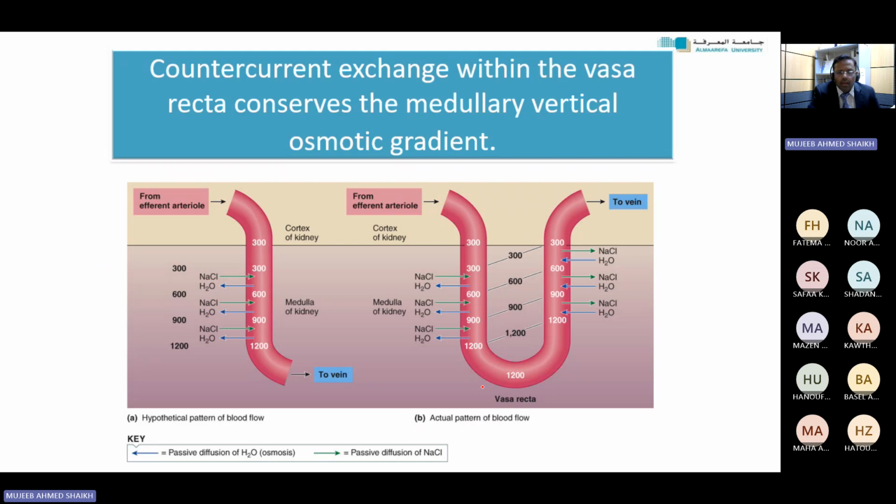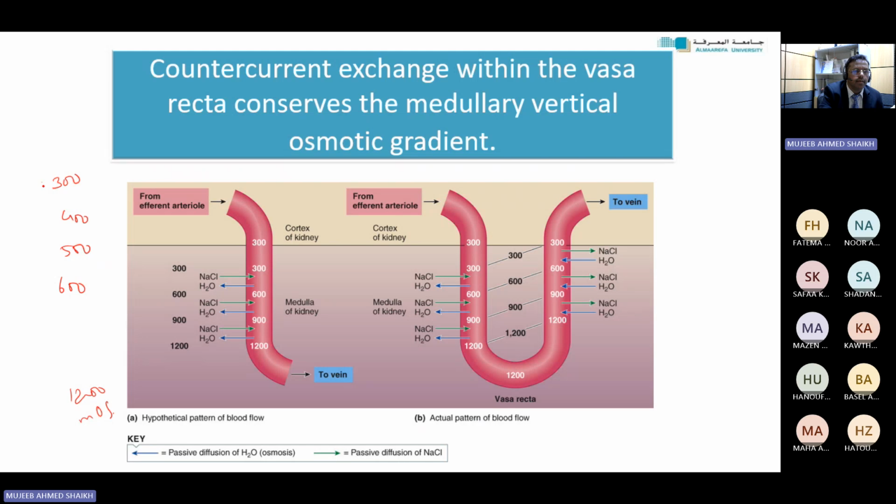Okay. Looking at the arrangement of the blood vessels, suppose the loop of Henle is creating the hyperosmolar gradient, starting from 300, 400, 500, 600 up till 1200.